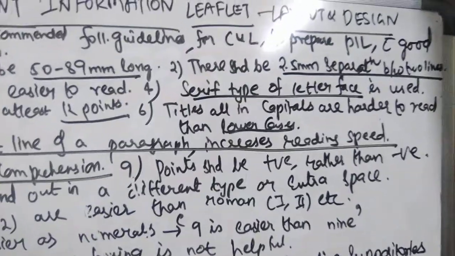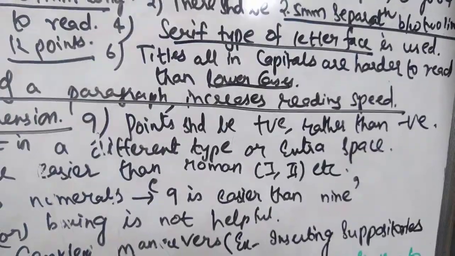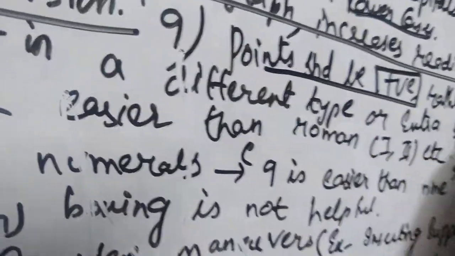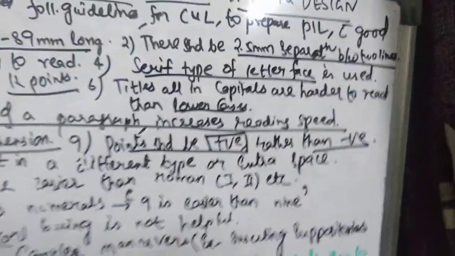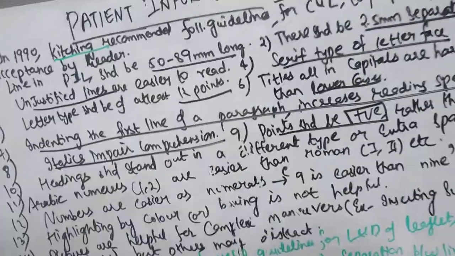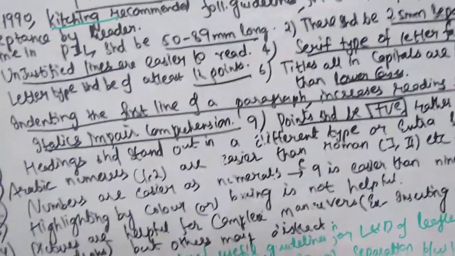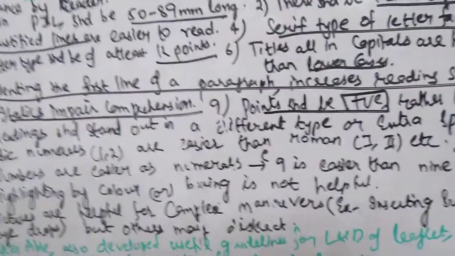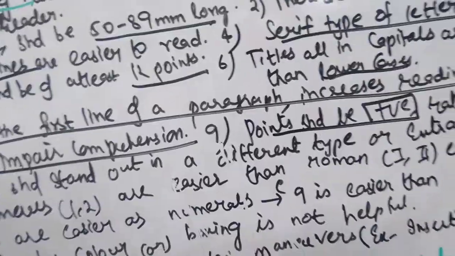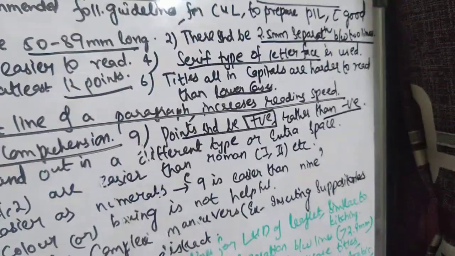Next, points should be positive rather than negative. Whatever points you choose to keep in your leaflet should not point out the negative aspects, but rather the positive aspects of that medication. If something is unimportant and very negative, you can note it down at the end, but most of the points should be positive.